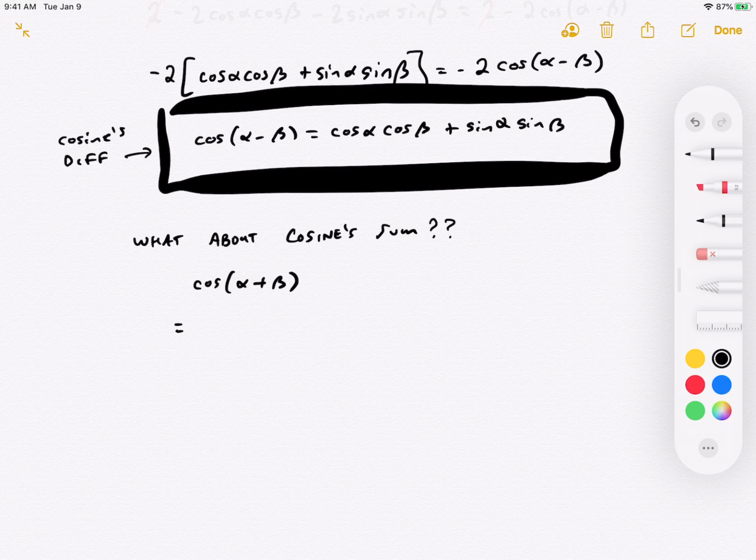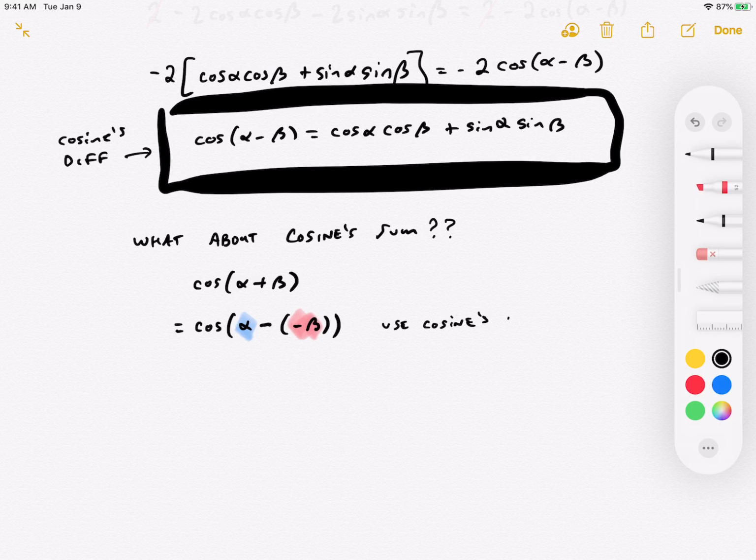What you can do is say, oh, alpha plus beta is really the same as alpha minus a negative beta. So what I'm doing here is thinking about my first angle as alpha and my second angle as minus beta, and I'm just following the prescription that I came up with for cosine's difference.